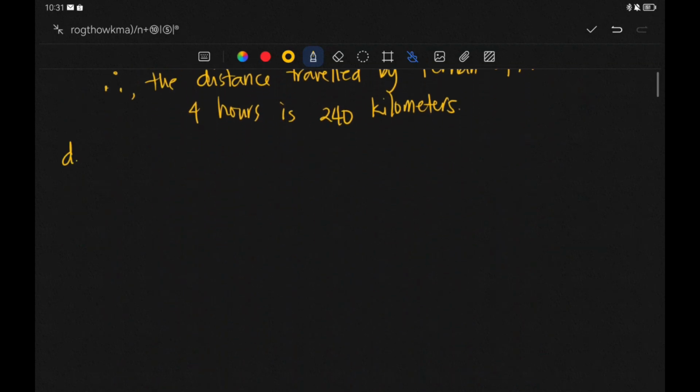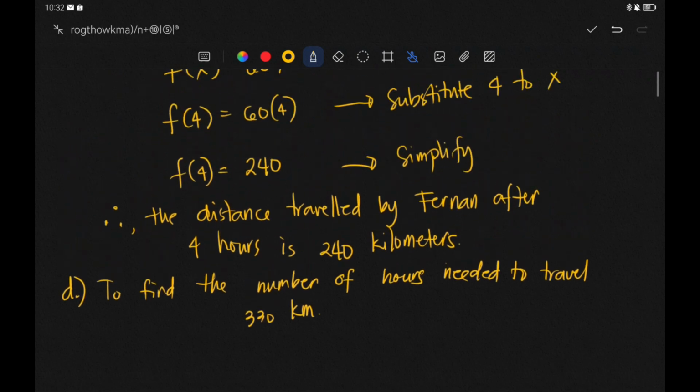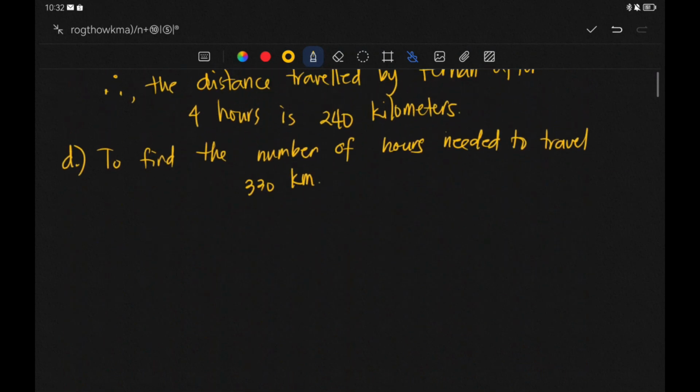So, for letter D, we are going to find the number of hours needed to travel 330 kilometers. So, we are going to use the same function, this one. So, f of x is equal to 60x. That is the given function.